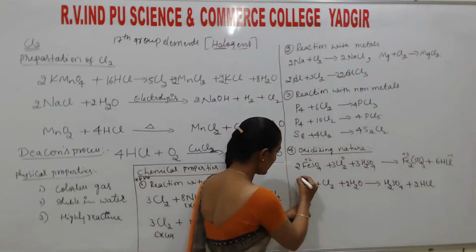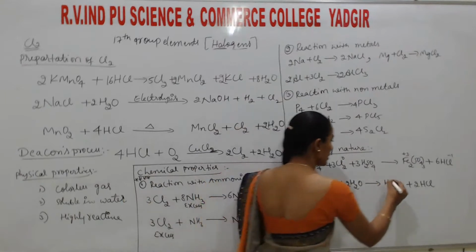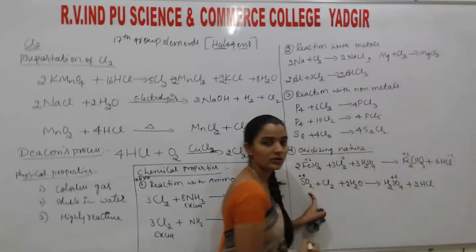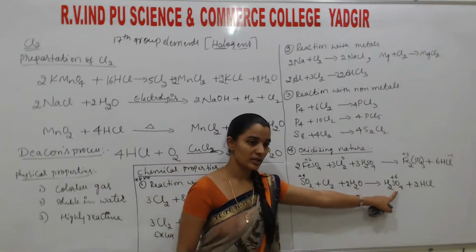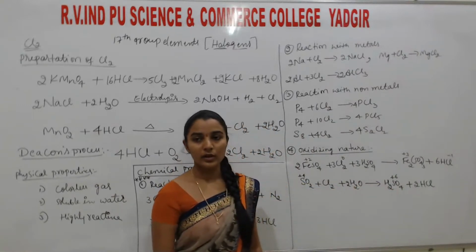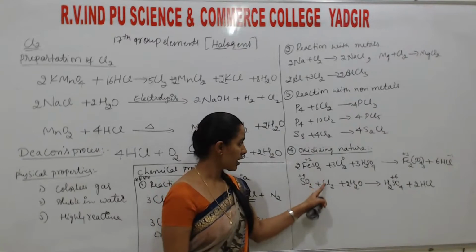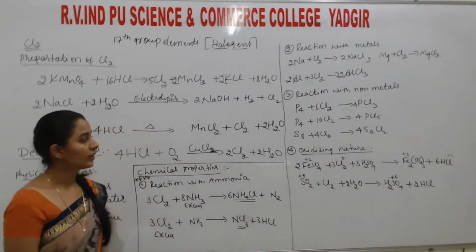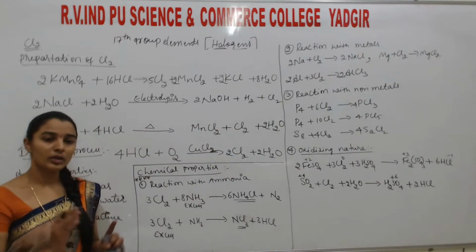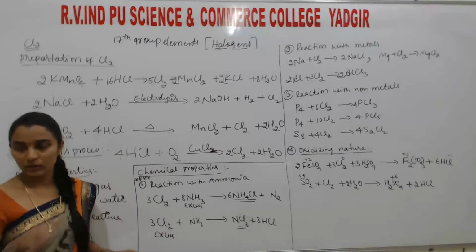Here sulfur is in +4 oxidation state, here it is in +6 oxidation state. Loss of 2 electrons takes place. These two reactions tell about the oxidizing nature of chlorine. Not only chlorine, any halogen. Understand?